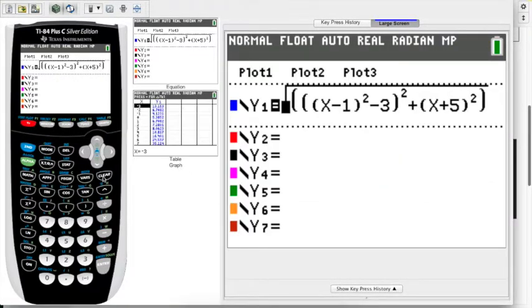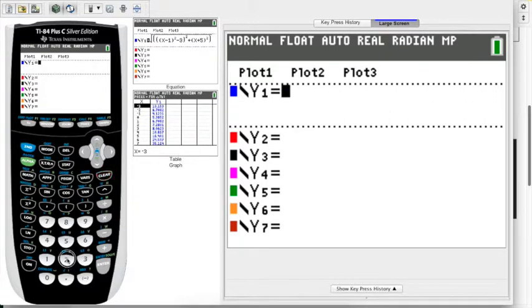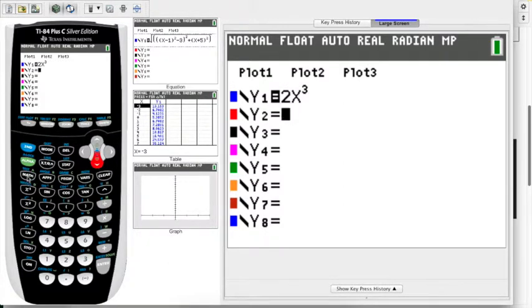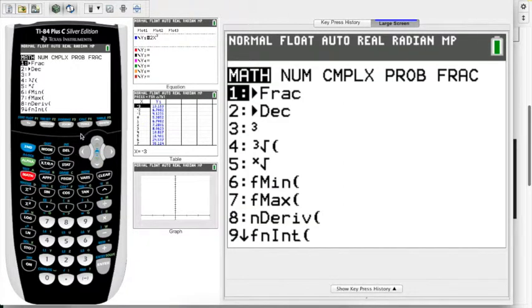So clearing out that, we've got 2x cubed, and then going down to y2, we go to our math button, and we go down to option 9, f int.